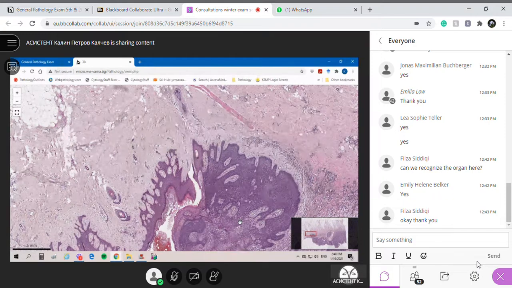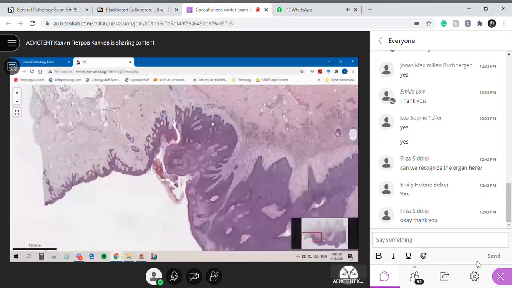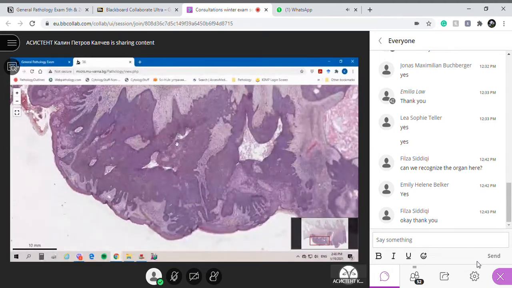Fortunately, it has only a local growth, and it is usually exceptional to have metastatic spread, so it doesn't spread through the lymphatics or through the blood circulation into other organs. So this is the basal cell cancer of the skin.